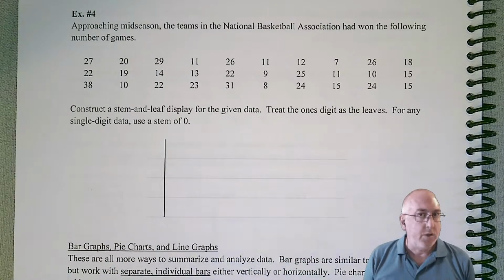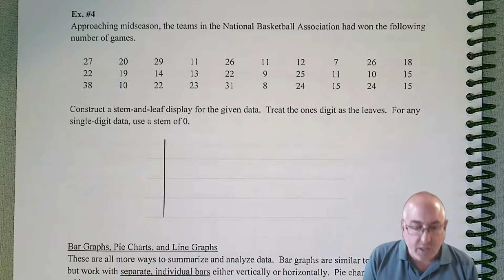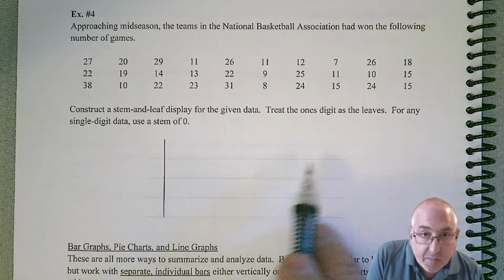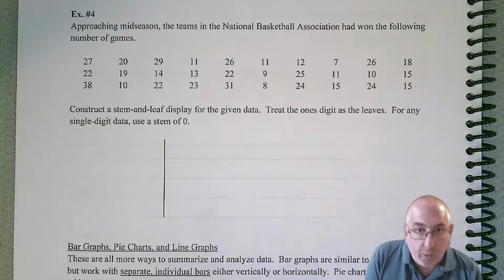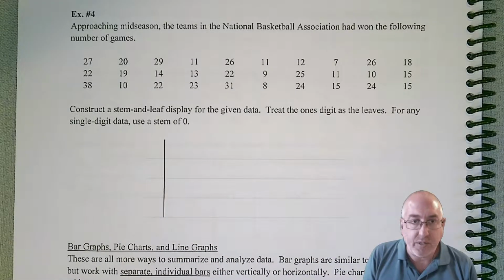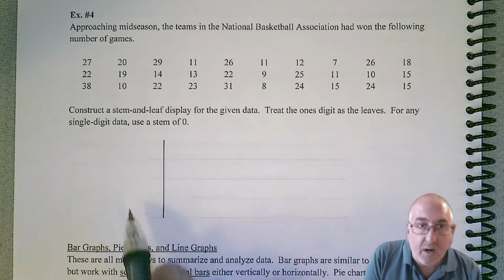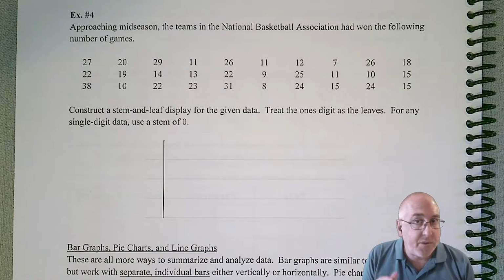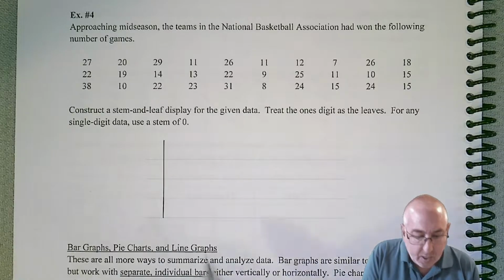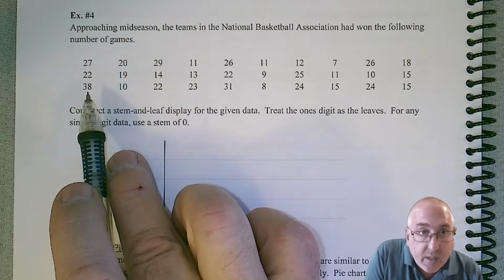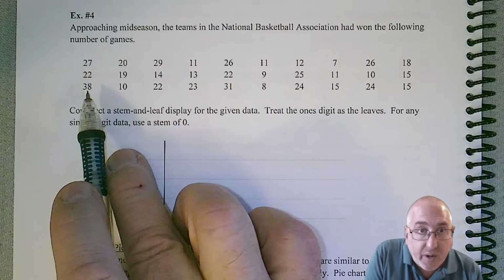Okay, so the best place to start is with the stem. So we have this vertical line. We do have some guidelines here to help keep our lines straight with numbers and whatnot. But the first thing we want to do is identify all of our stems. So remember, the stems are like the tens digit. So if we look at our numbers, we have numbers that are in the 20s. We have numbers that are in the 30s.